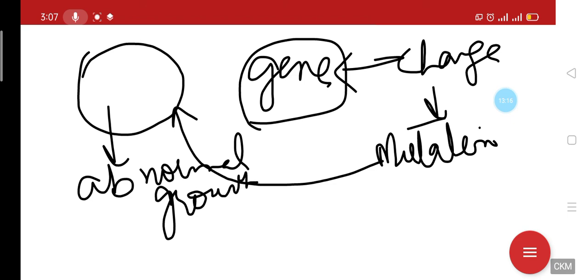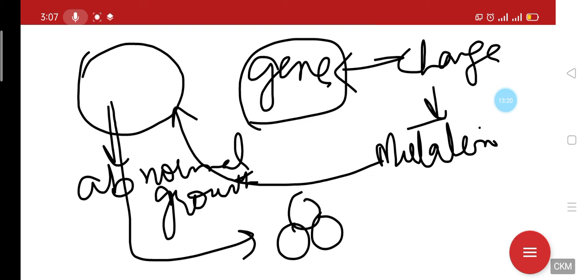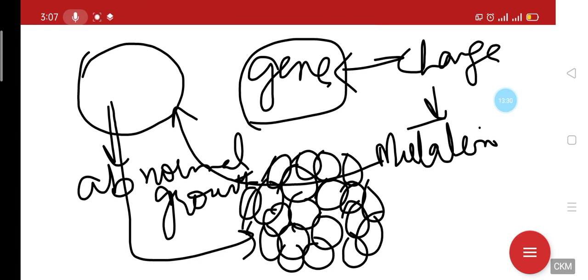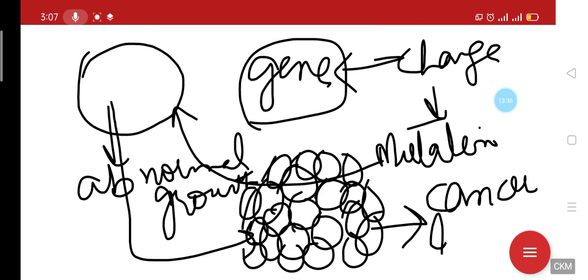Due to this mutation, the cell grows abnormally, and they increase their number abnormally. In fact, the body does not require this abnormal growth of cells, and this leads to cancer, or in other words, a tumor.